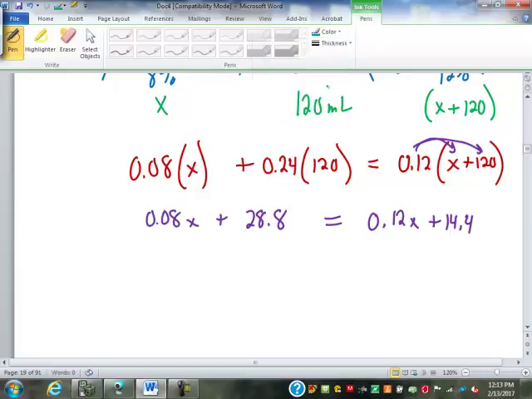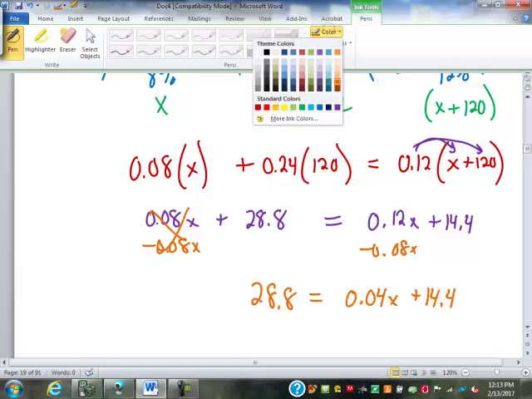So from here then we're going to go about getting rid of one of the variables. The 0.08 is the smaller one, so I'll subtract that. So we got 28.8 equals 0.04x plus 14.4.